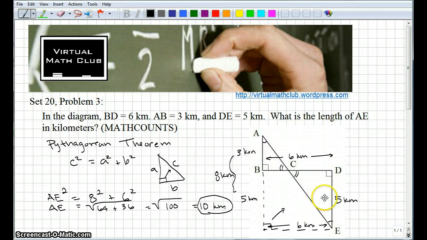So these are similar triangles because they have all the same angles. Since the ratio of AB over DE is 3 over 5, the ratio of all of these sides has to be 3 over 5.